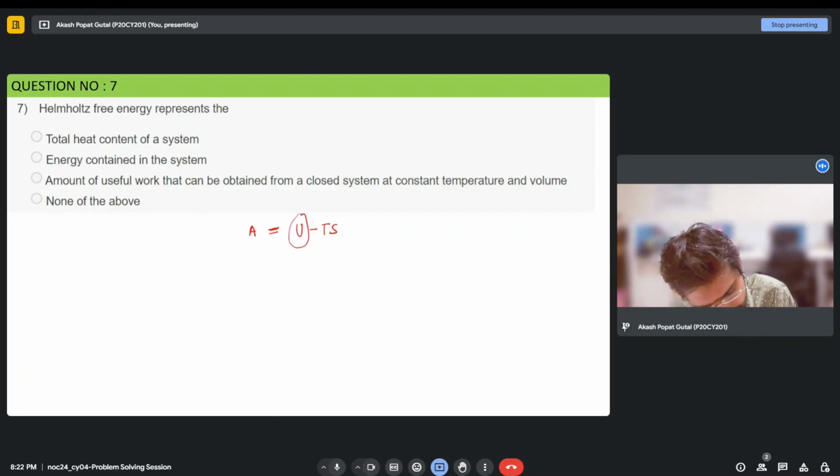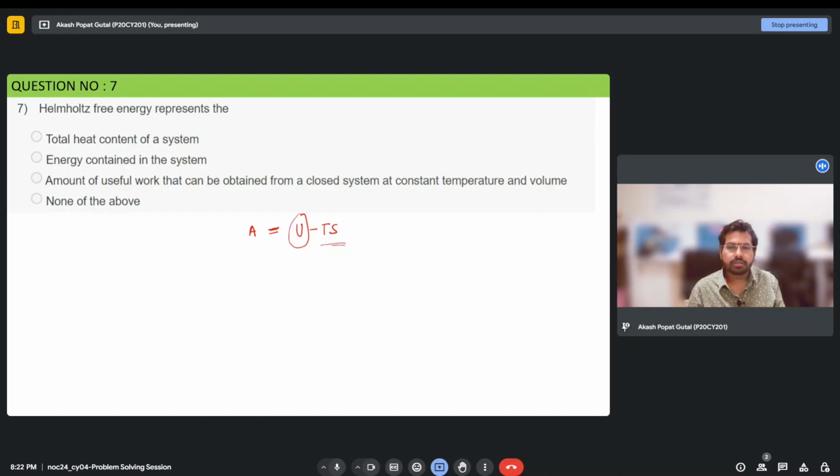U is internal energy and TS is the energy which has gone to entropy change, increasing the entropy. So that energy we subtract from the total internal energy, and that gives you the amount of useful work that can be obtained from the closed system.